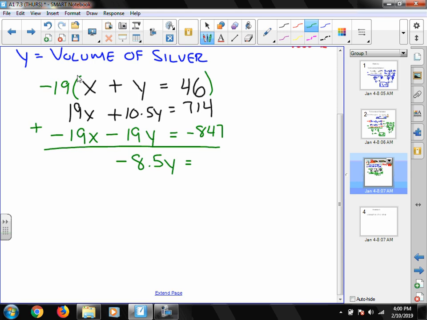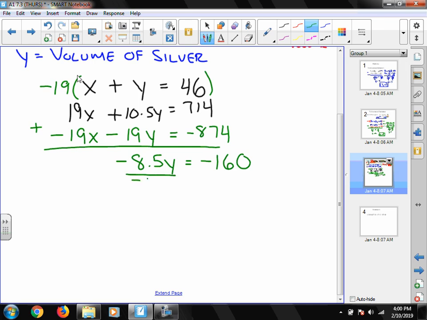And 714 plus a negative 874 should leave me with a negative 160. Oh, I switched a couple of my numbers around. Instead of 874, it should be negative 874. And now when I add those together, that'll give me a negative 160. Sorry about that.